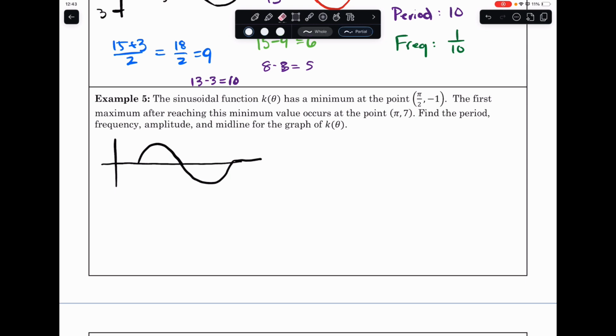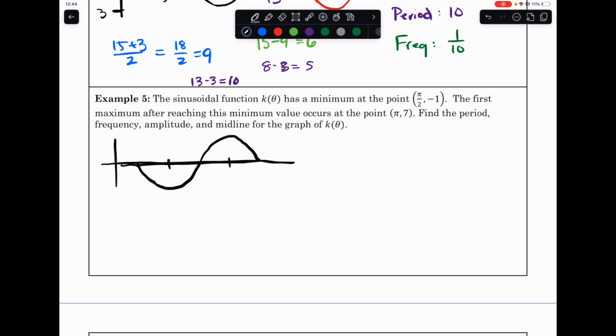So let's flip this. Okay, so let's fix this. Instead of going up, we're going to go down to have a minimum first, and then up to have a maximum second. Just like the previous examples, but now we're simply going to flip where it starts off.